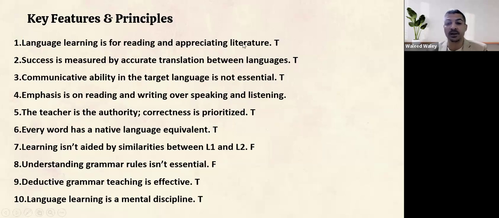It is not for communication or for speaking. Success is measured by accurate translation between languages, and communicative ability in the target language is not essential because they don't speak and they don't listen and so on.